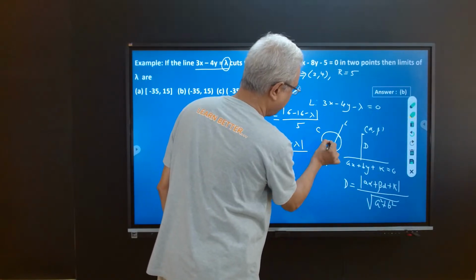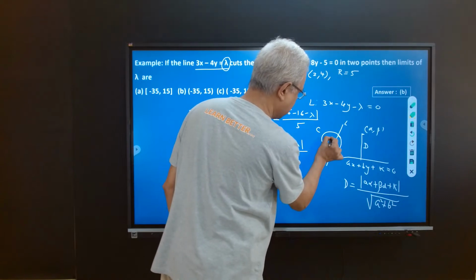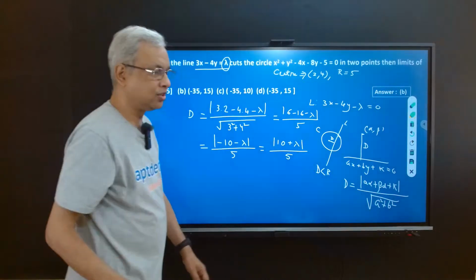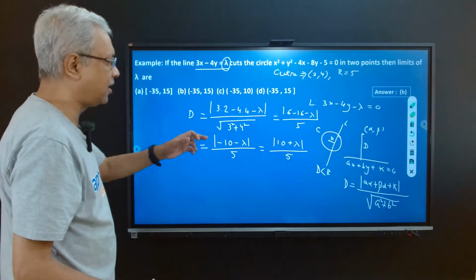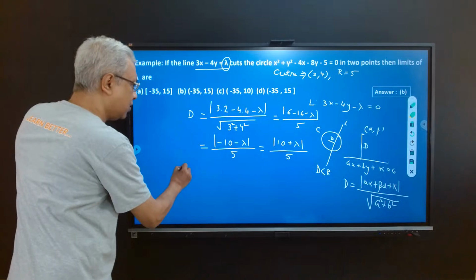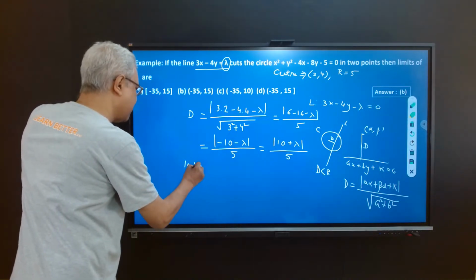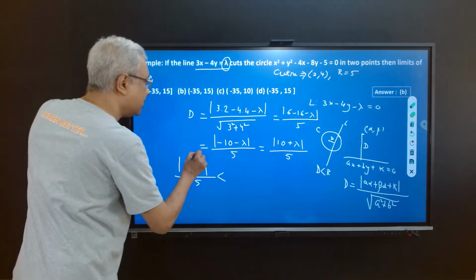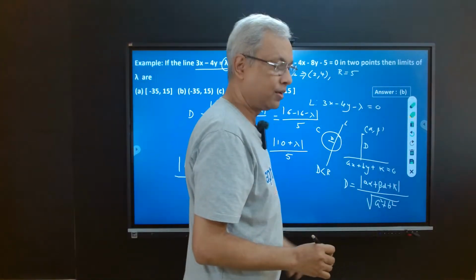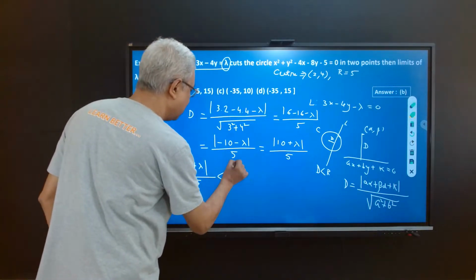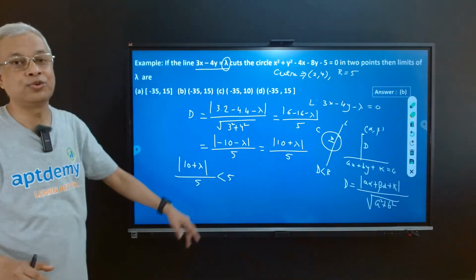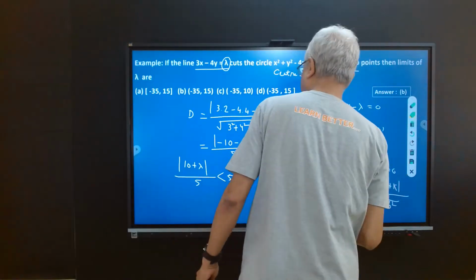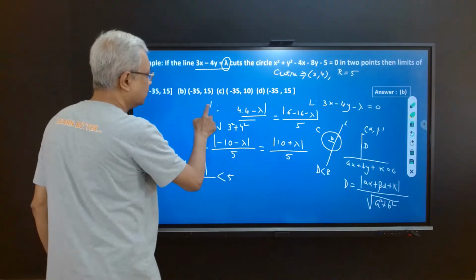If I drop a perpendicular and call this D, then D is definitely less than R. So this is the condition. D less than R means, mathematically, mod of 10 plus lambda divided by 5 is less than 5, the radius of the circle. Up to this, many of you could solve the problem, but after this, you had difficulties, as I understand after discussion with you.